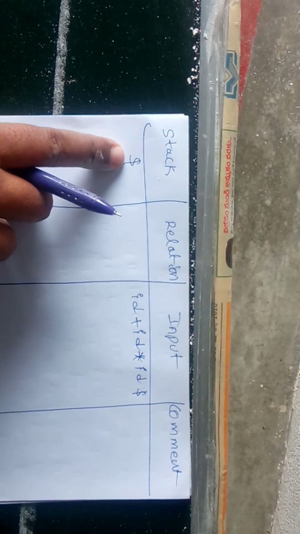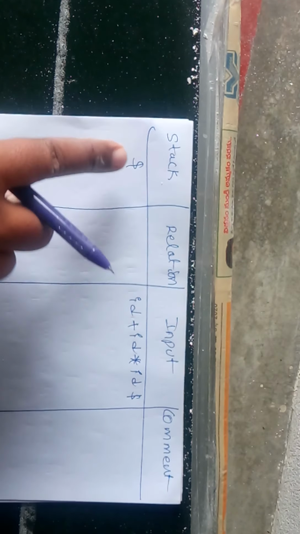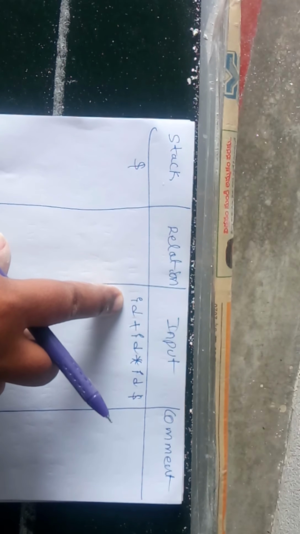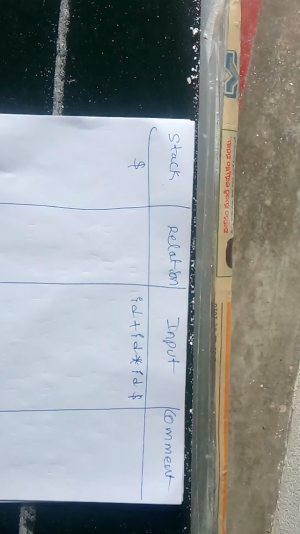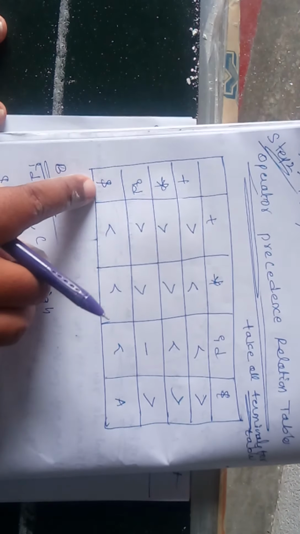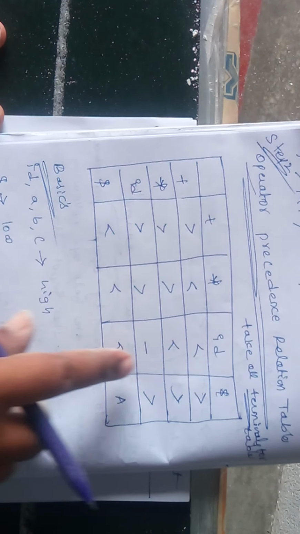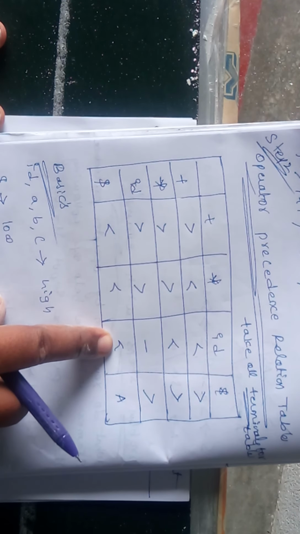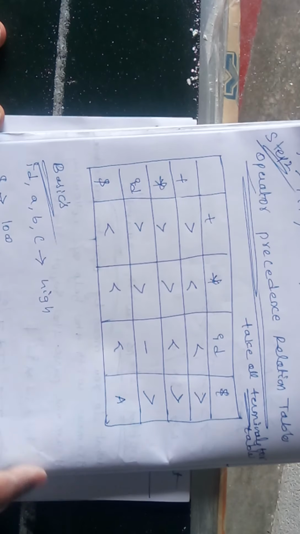First, compare dollar with id. Id has higher priority: in the previous table, dollar and id have this symbol, which means id has higher priority.